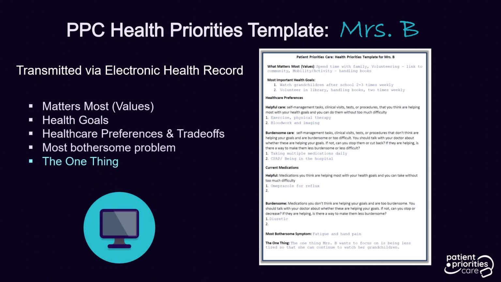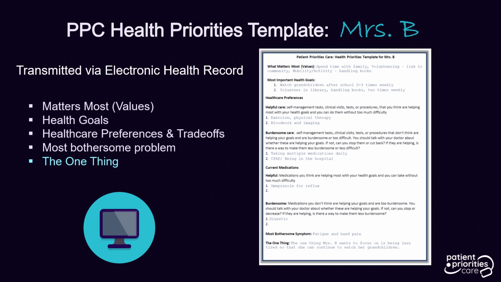The template provides healthcare preferences, which includes things such as self-management tasks, healthcare visits, test procedures, and medications that they find valuable and helpful and that they're willing and able to do as well. And also things such as self-management tasks, visits, tests, and medications that they find burdensome, too difficult, or not helpful.